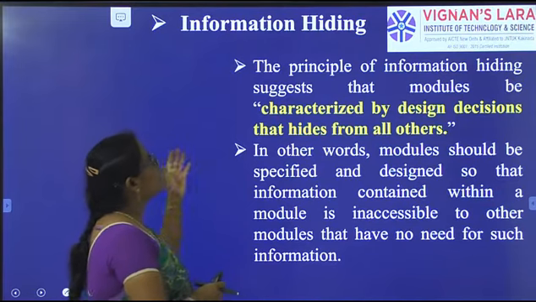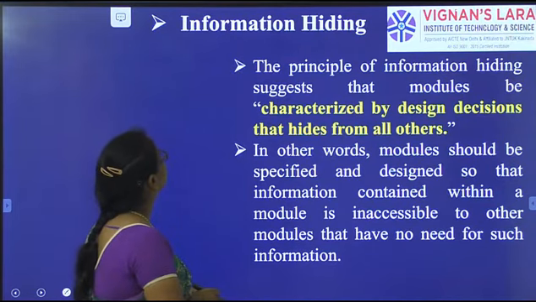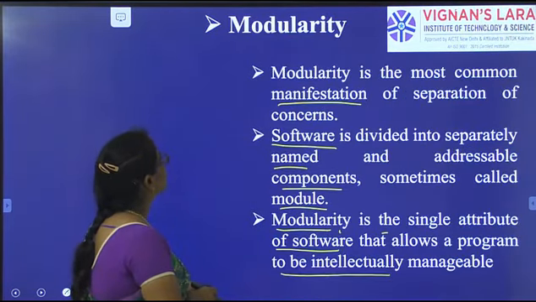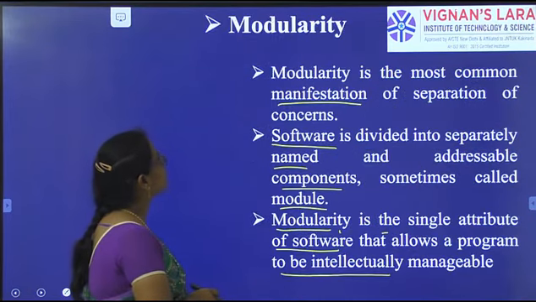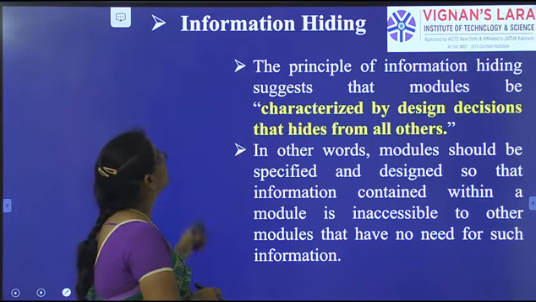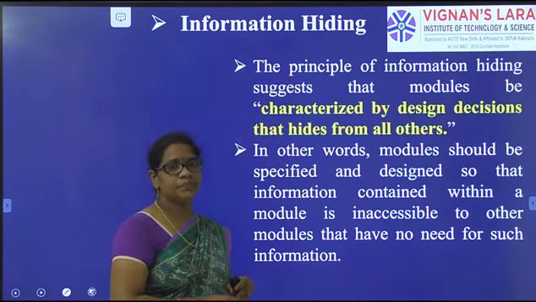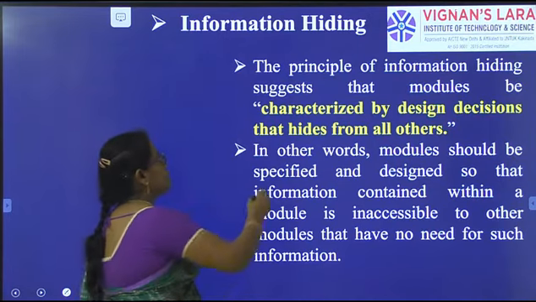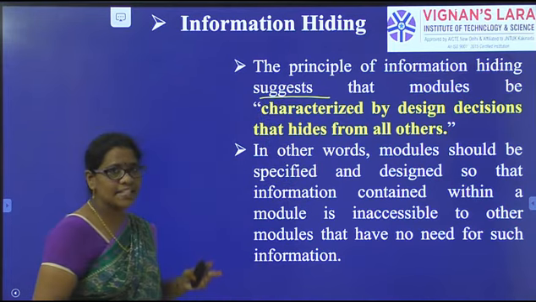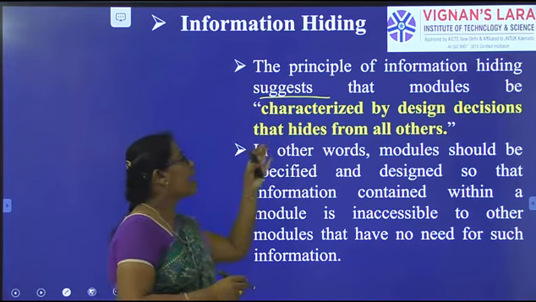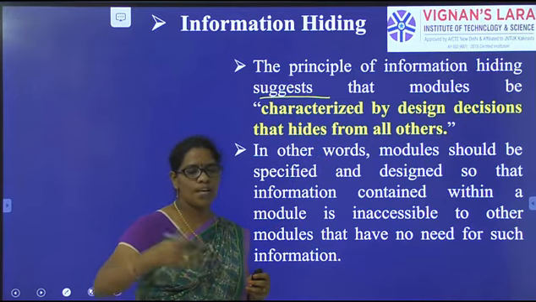So next one is information hiding. We have seen modularity, functional independence and refinement. So the principle of information hiding suggests modules can be characterized by design decisions that hide from all others. What is abstraction?